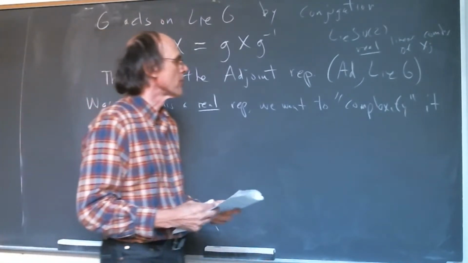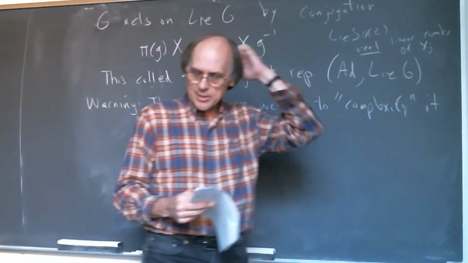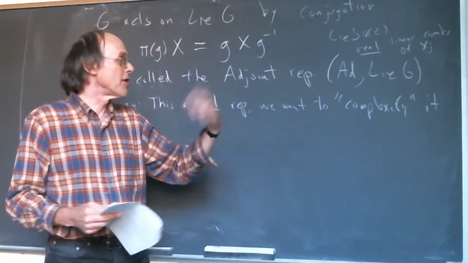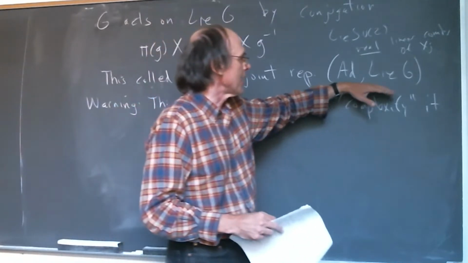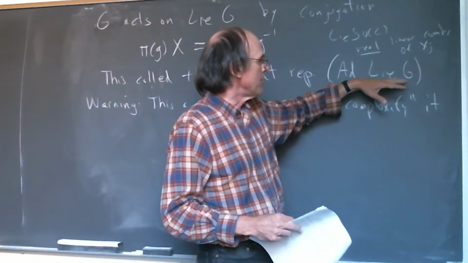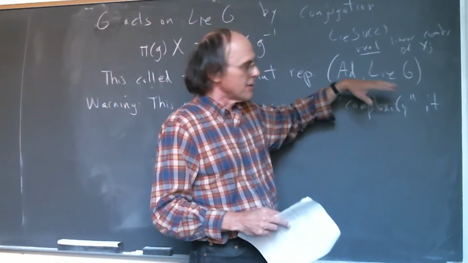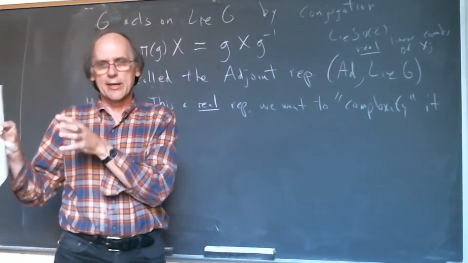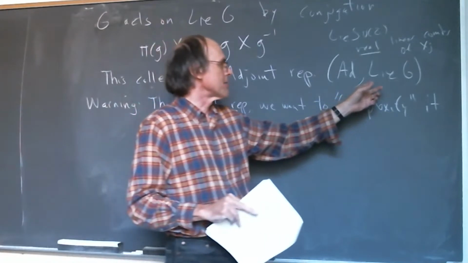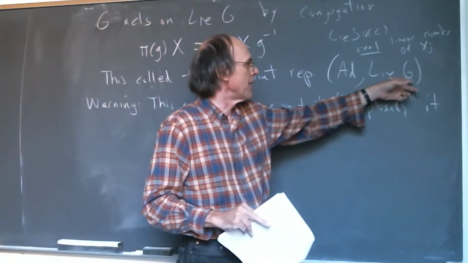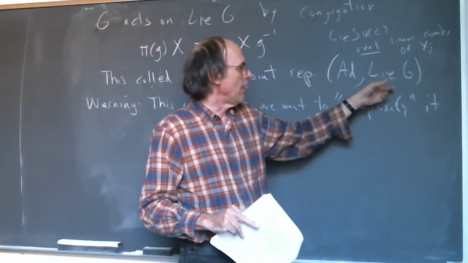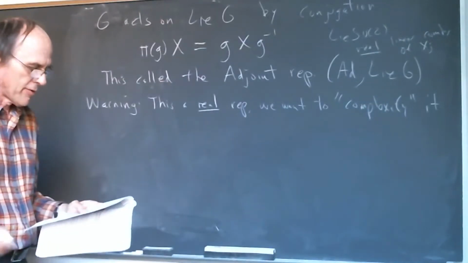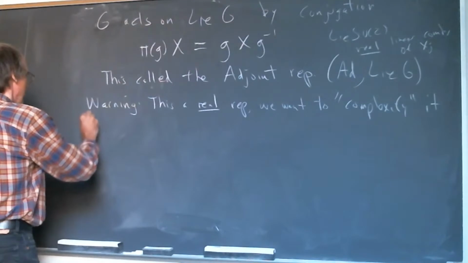So the question is what corresponds to the fact that you've got a group law on e to the tx. Well, it turns out, and I'll show in a minute, that the way you see the group law on the e to the tx is in terms of the commutator of the matrices in the Lie algebra. So let me give a definition.